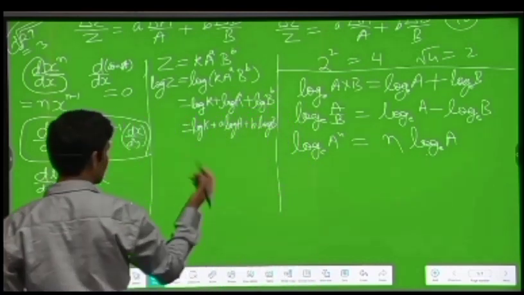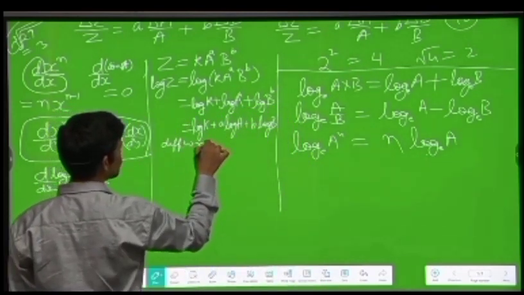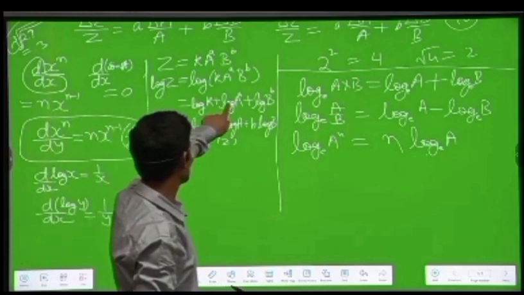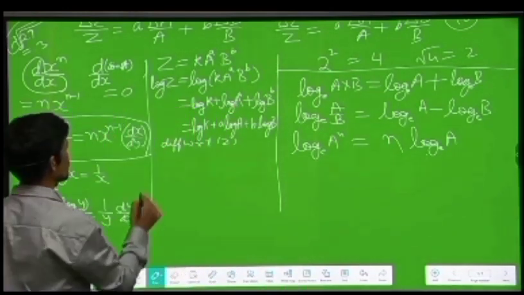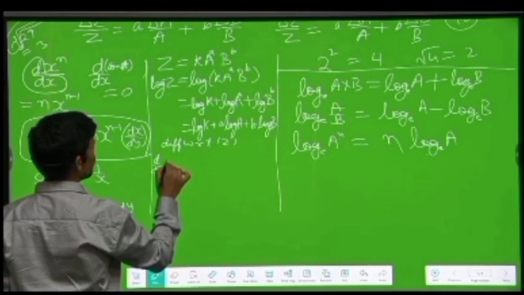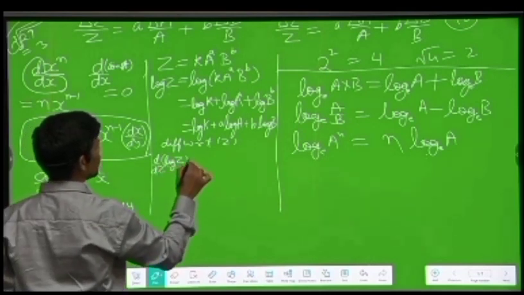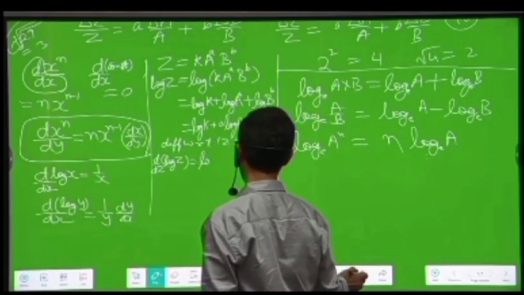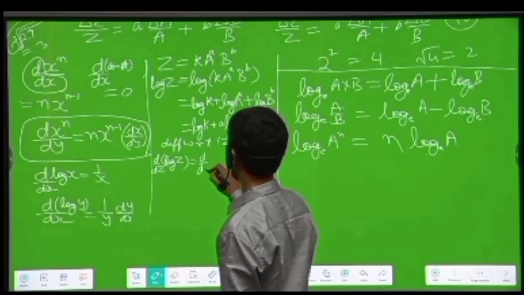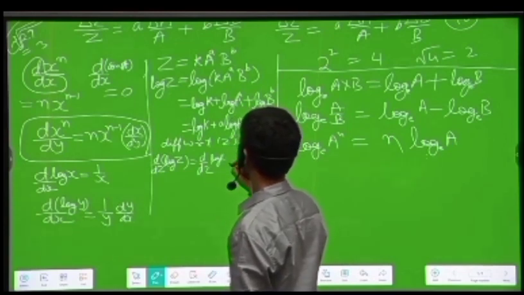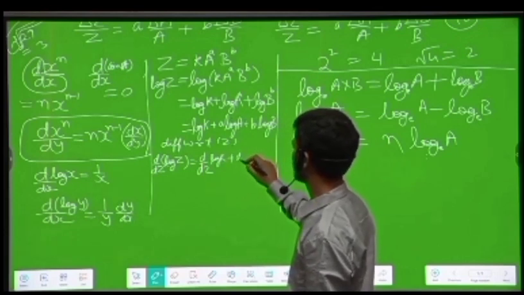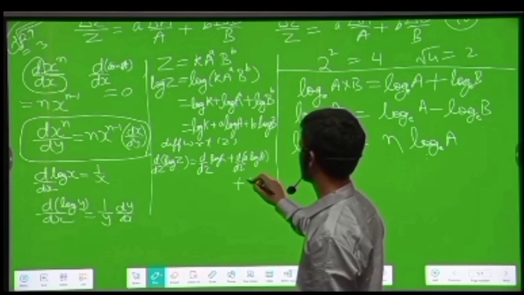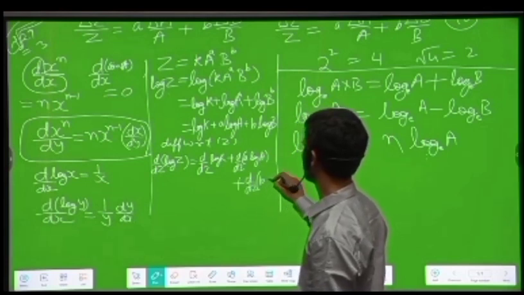Okay, now differentiate. We are differentiating with respect to, let us suppose, z. This is a variable, this is a variable, this is a variable. We are differentiating it with respect to z. So we'll write it like this: d by dz of log of z equal to d by dz log of k, then plus d by dz a log of a plus d by dz b log of b.